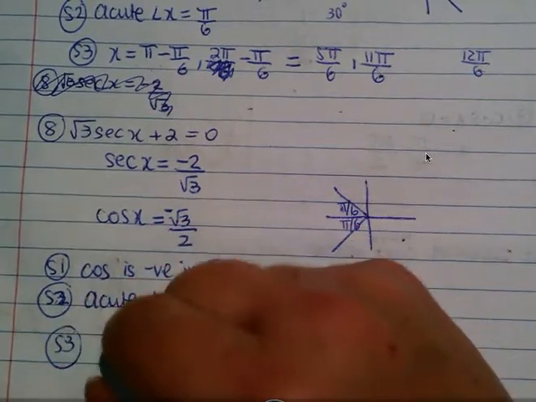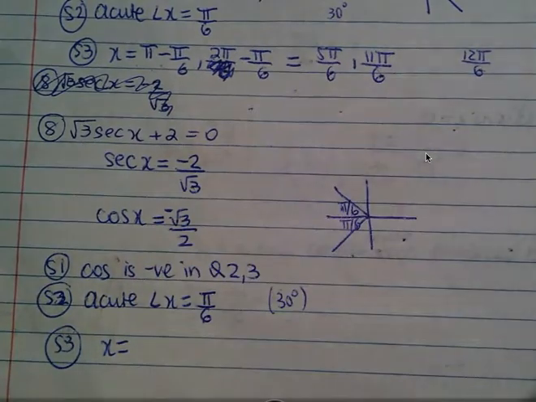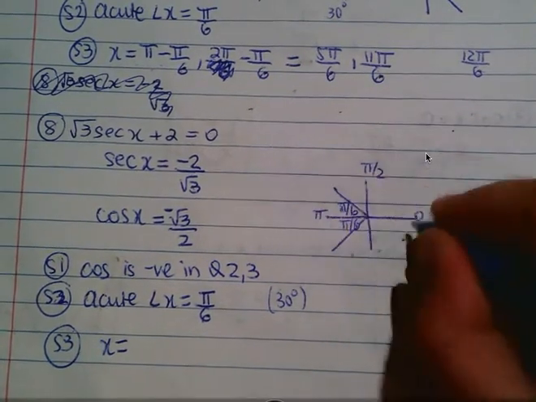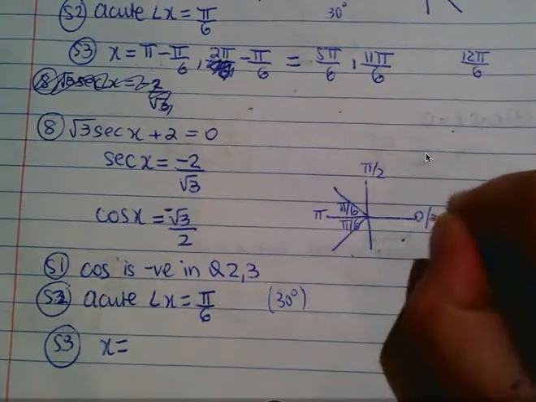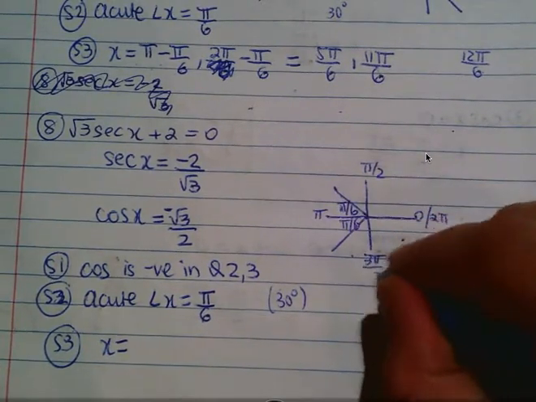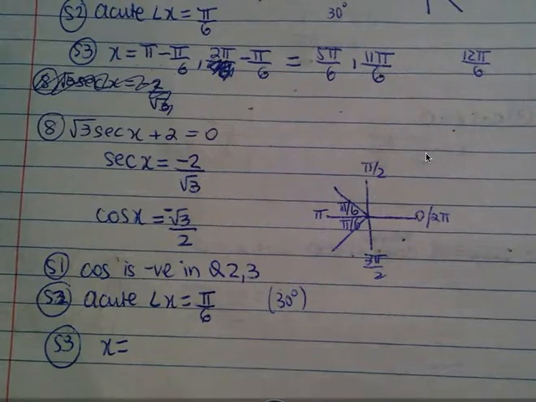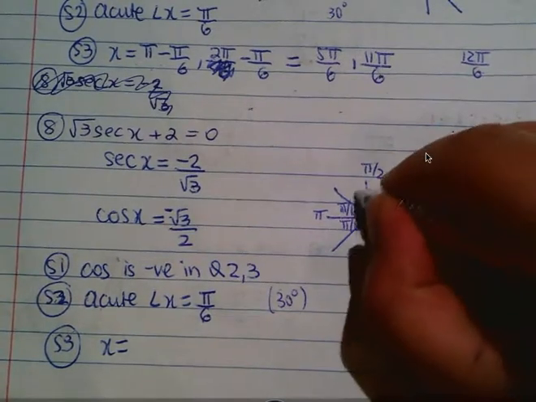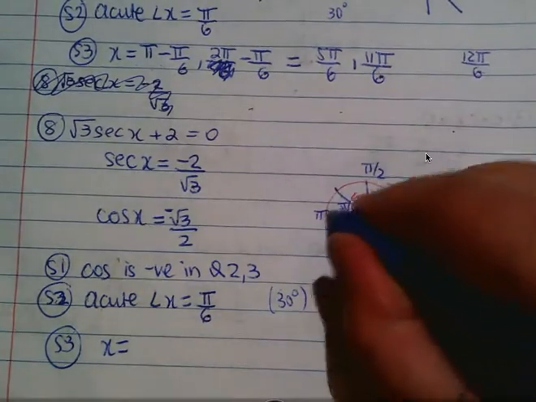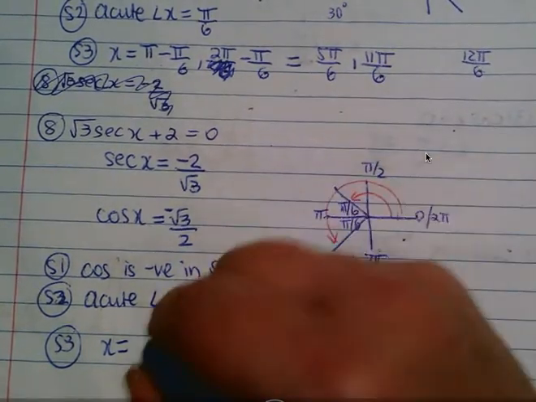So step 3, my solutions are, remember I'm starting from 0, pi on 2 and pi, and all the way around to 2 pi. So 0, 90, 180, 270 is 3 pi on 2, and 2 pi again is 360. So here are my solutions, those two. I'm not quite pi, so I'm pi minus pi on 6.